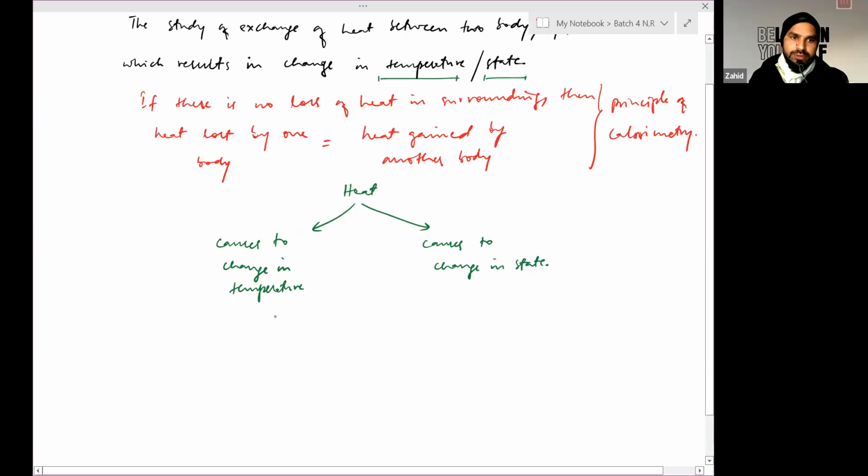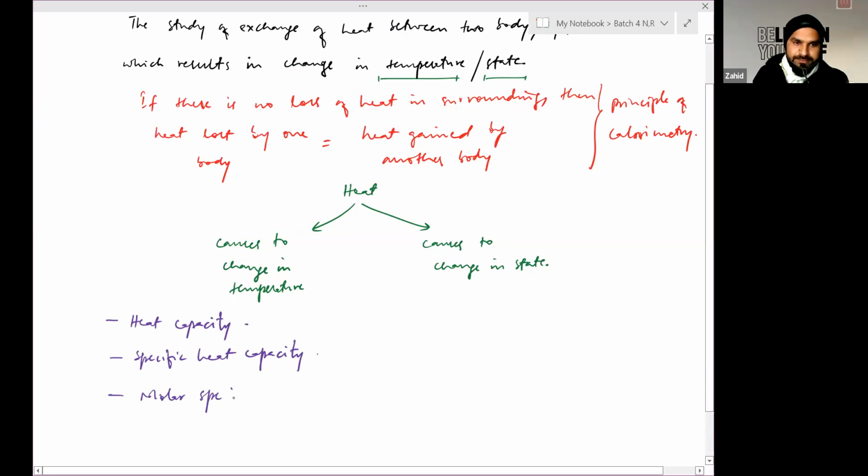Heat which is responsible for change in temperature may be of three different types. First is heat capacity. Second, specific heat capacity or constant. And third, molar specific heat capacity. I will define each of the three terms.